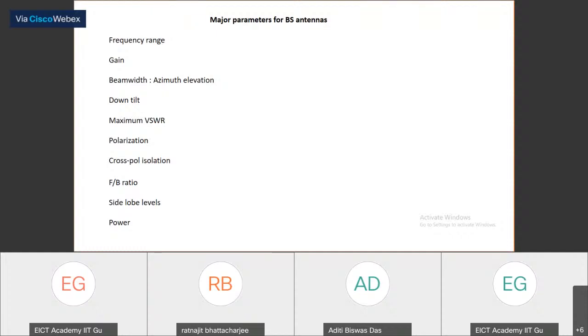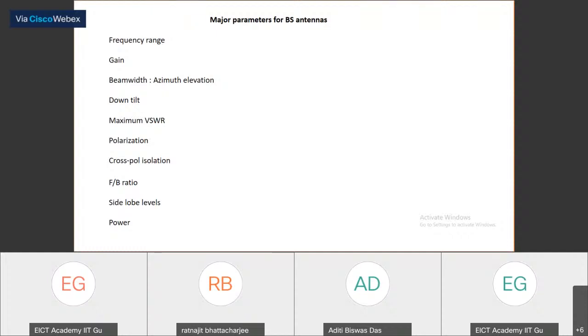And this is where many regulations come into picture. There are emission limits set by the international bodies that should not be violated. But the problem is, many a times when you have multiple base stations radiating signals, at a point the fields may add up, giving a local boost of power.